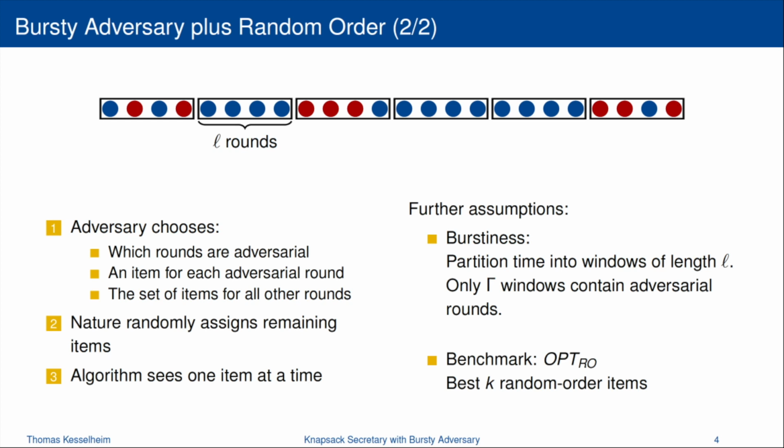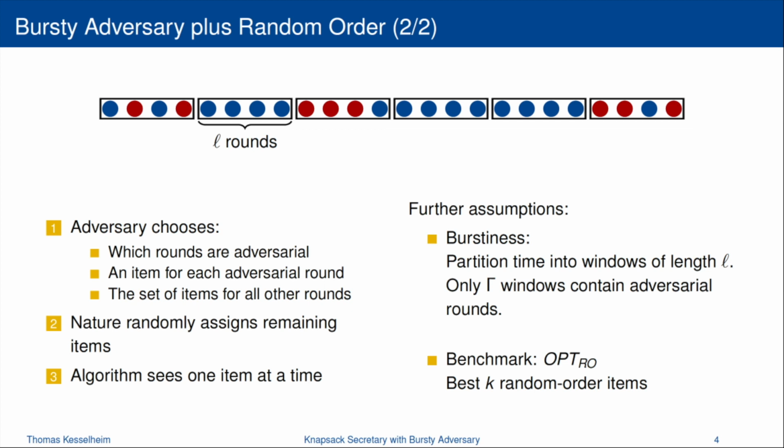What may still happen now is that the adversary is presenting us valuable items only in the adversarial rounds and nothing of any value in the random order rounds, which eventually makes them as strong as presenting us a fully adversarial sequence. So this is something that we have to forbid some way, and the way we chose to deal with this is to change the benchmark.